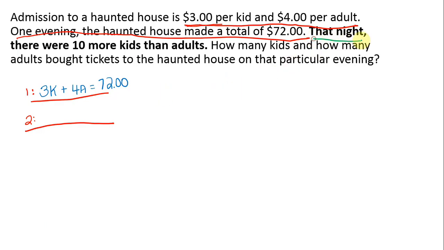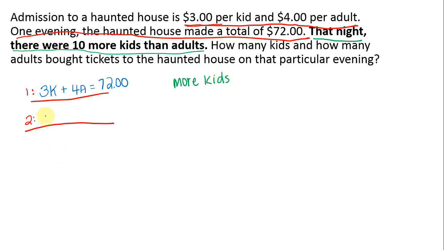Go ahead and do this one on your own. This one is going to be just like the problems that we last saw. We're going to ask ourselves, do we have more kids or more adults? Well, there are 10 more kids, so I know that I have more kids.